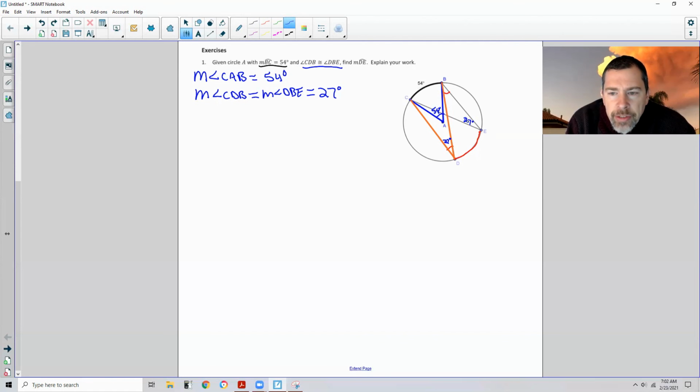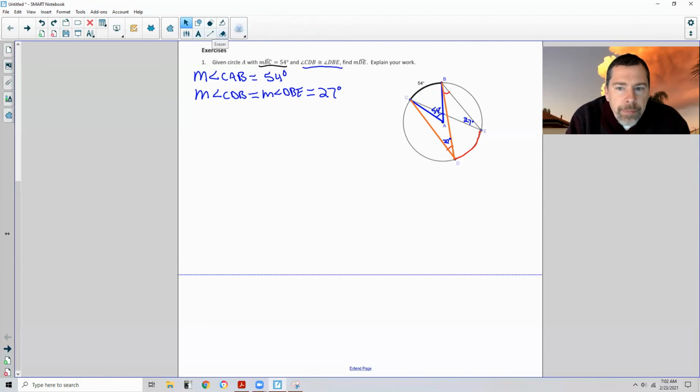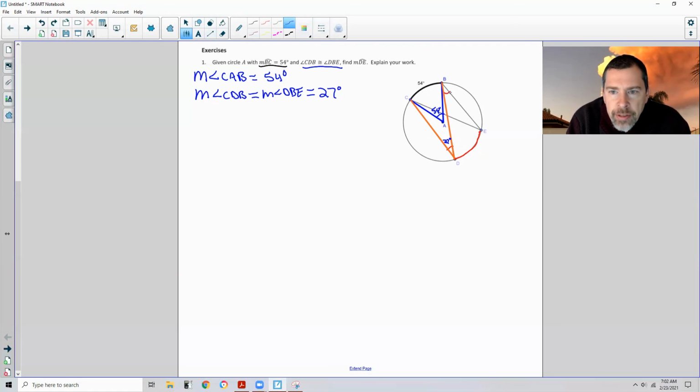I marked the wrong angle. DBE. Ay caramba. All right. I put the 27 in the wrong place. I've got the arcs in the right place, these little red ones. This is 27 degrees because we were told CDB is congruent to DBE right there. So this is 27, not this one down here.